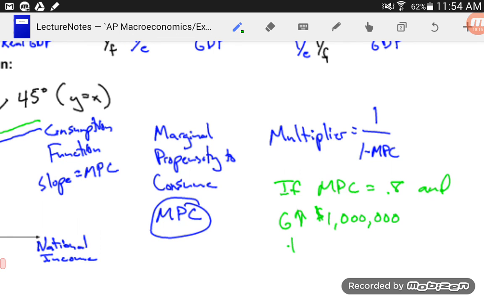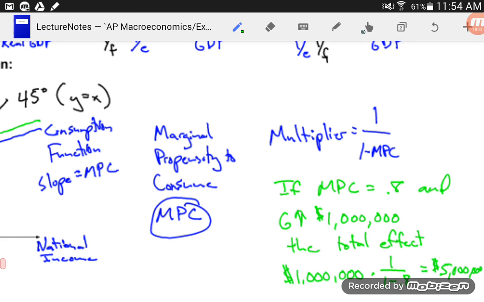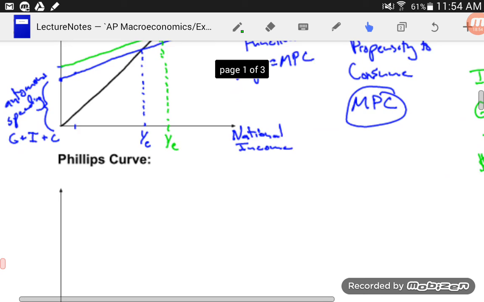The total effect on the increase in consumption, the increase in demand, is going to be the 1 million, because the government increased their spending, times 1 over 1 minus 0.8. That's the MPC. 1 minus 0.8 is 0.2. 1 divided by 0.2 is 5. So you'd see it's 5 million. And I'm out of space. There we go. $5 million. So that was kind of key to Keynes' idea there.